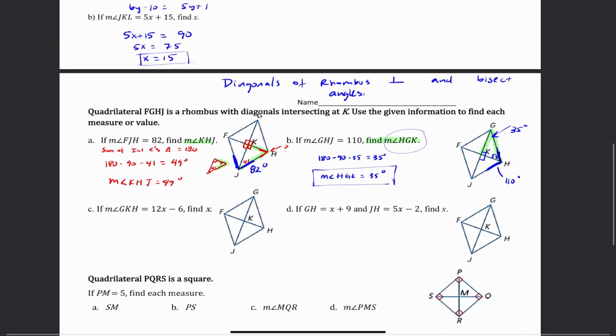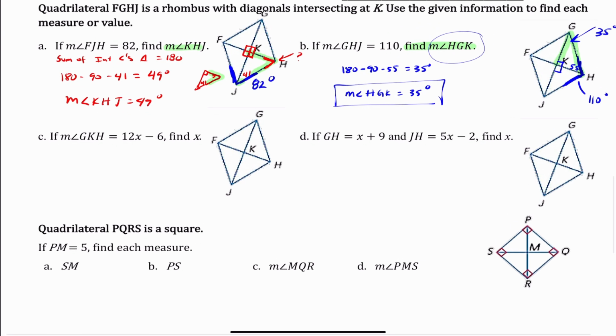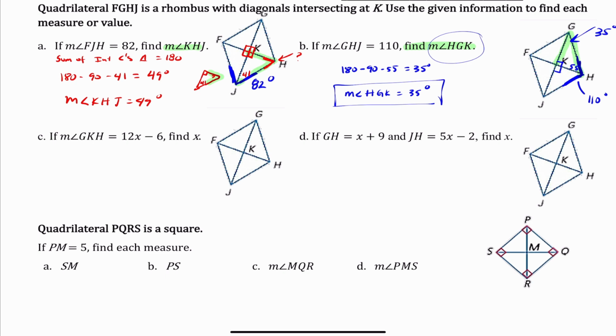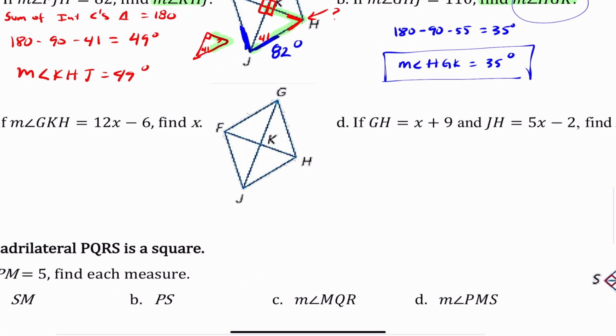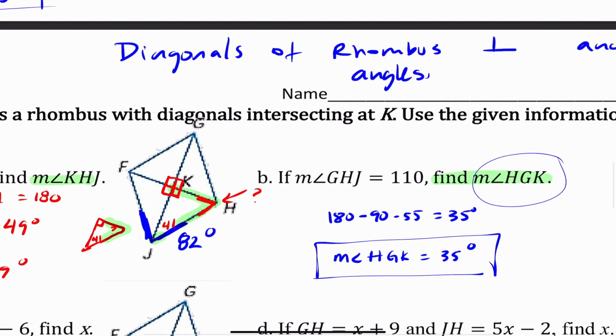All right, let's go ahead and take a look at C. So I know that the measure angle GKH is 12x minus 6. So this here is 12x minus 6. Remember, once again, diagonals of a rhombus are perpendicular.